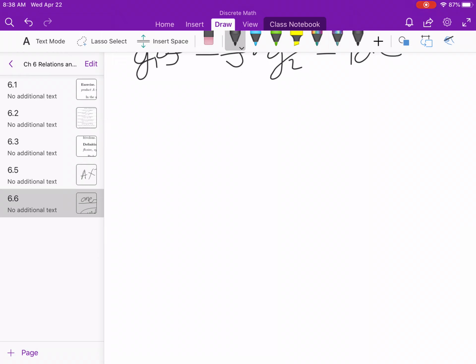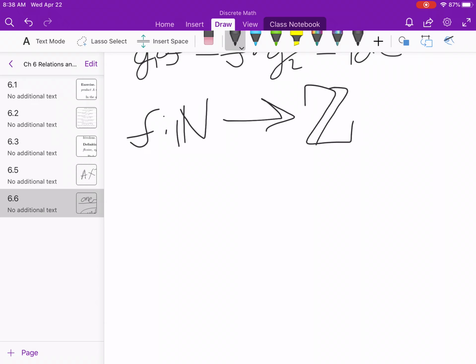Now, something kind of interesting is that we can define all kinds of functions that turn out to be bijections. There's a very cool function at the end of 6.5 that's a bijection, and it looks something like this. What I want to do is create a function f that goes from the naturals to some new set called the integers. So this is my domain, this is my codomain.